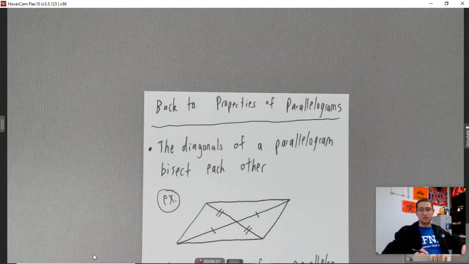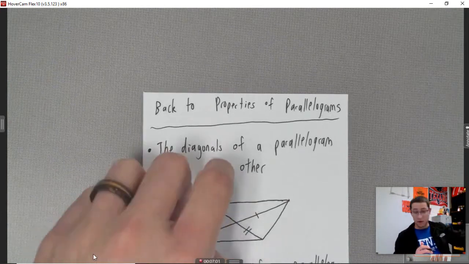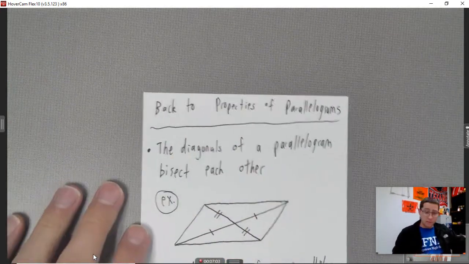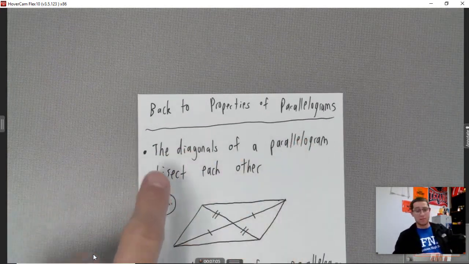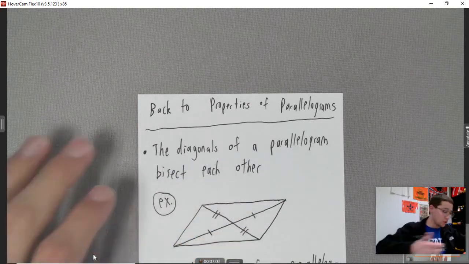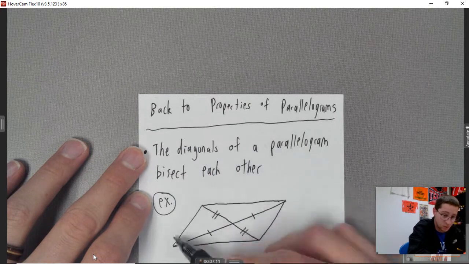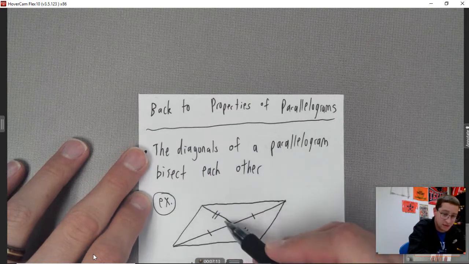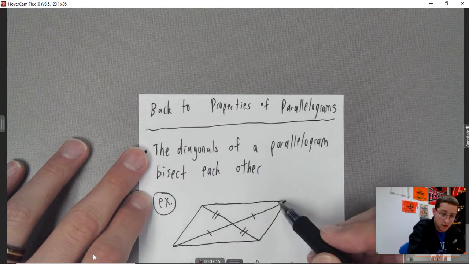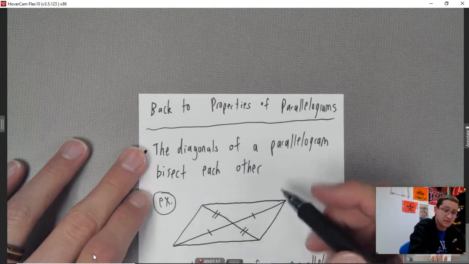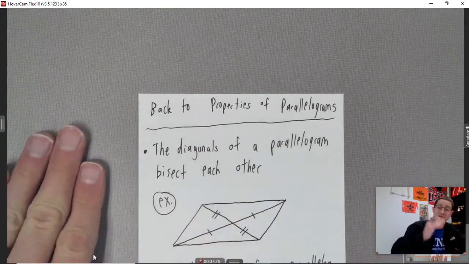Back to some properties of parallelograms. The diagonals of a parallelogram, now you know why we're talking about that word, bisect each other. Here's the shape, the sides on the outside, and the diagonals would be here and here. The diagonals happen to bisect each other. Remember what bisect means? Bisect means to split in half.